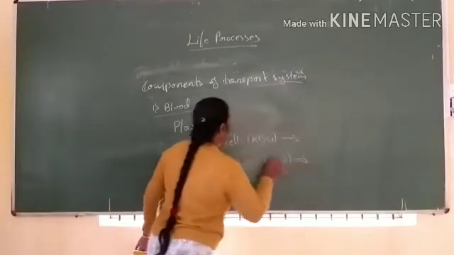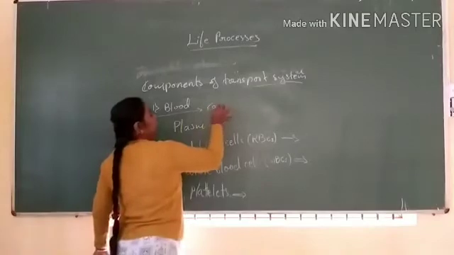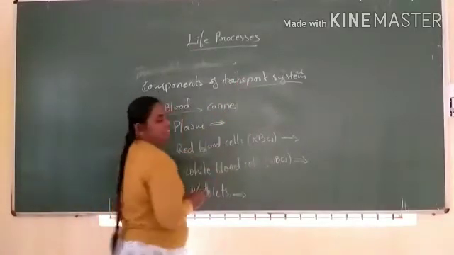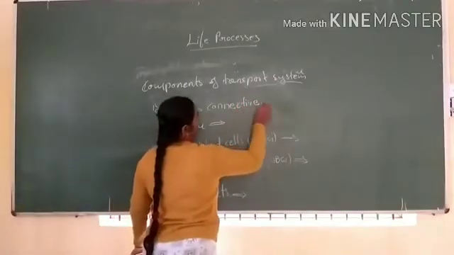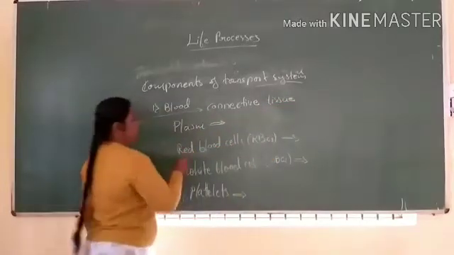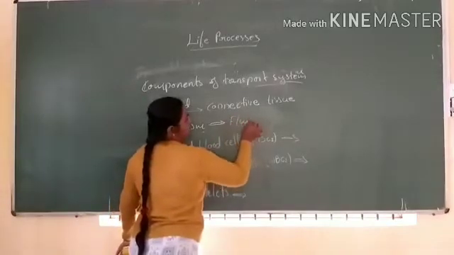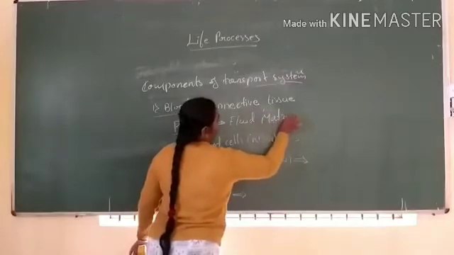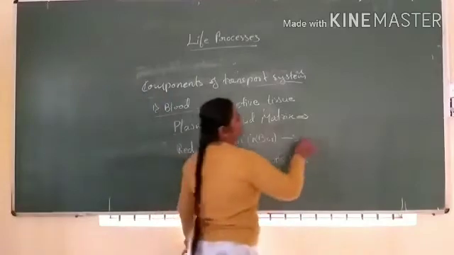And about the blood, you know it is one of the connective tissues. And about this connective tissue you have already studied in the 9th standard. It is one of the fluid connective tissues, in which plasma is the fluid matrix which performs the process of transportation of minerals.